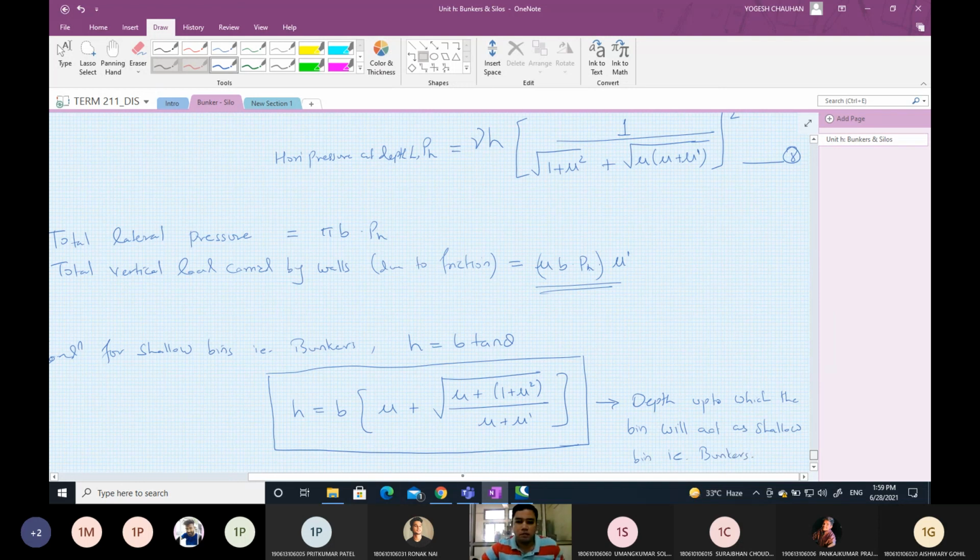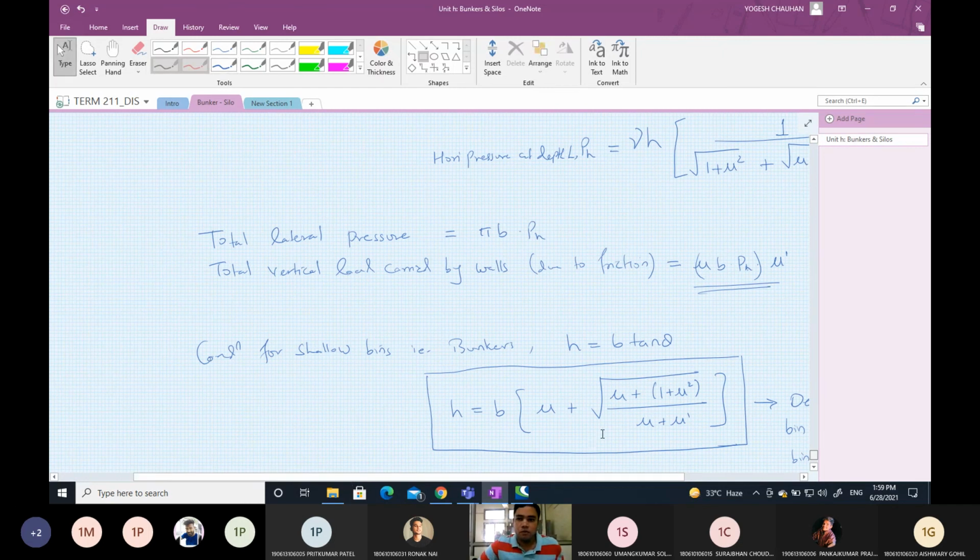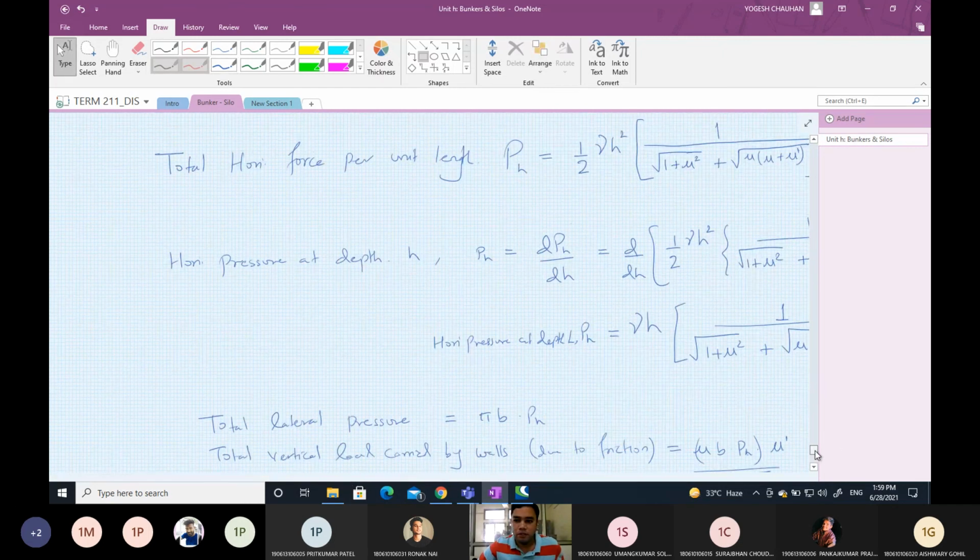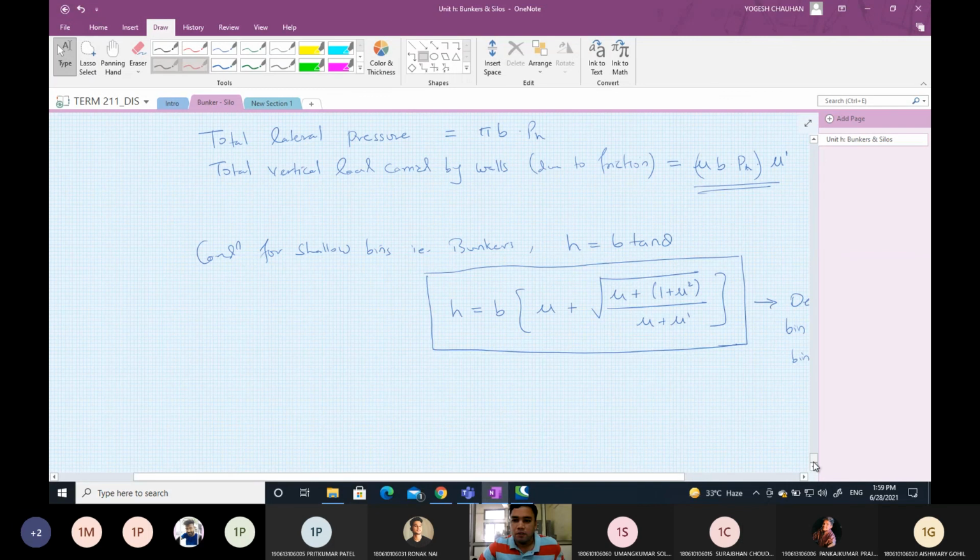Okay, so this is the derivation for the first case.